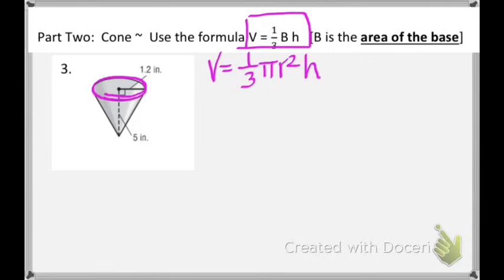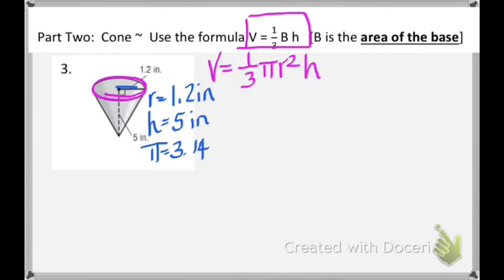So now I'm going to write down my information just like I did before. They gave me a radius this time because it's halfway across the circle, and that's 1.2 inches. And then my height is 5 inches. And again, we're going to use 3.14 for pi. Okay.